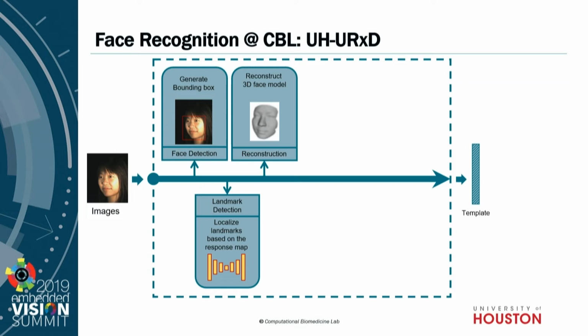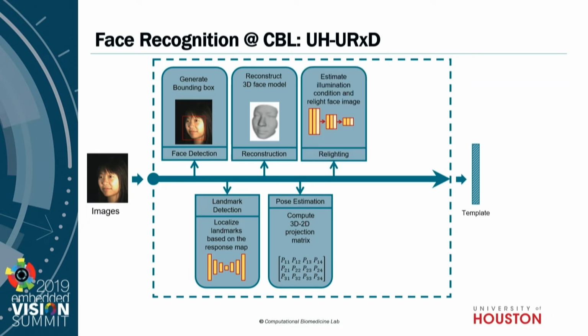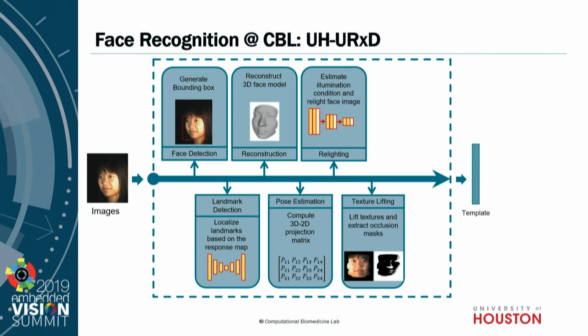All this experience that we gained by developing 3D face recognition algorithms now gives us the ability from a single image to develop a 3D model that we can use later for recognition. Once we have the 3D model, then we can estimate the pose, worry about lighting. We have to relight it to the conditions of the gallery in order to have a normalized comparison.